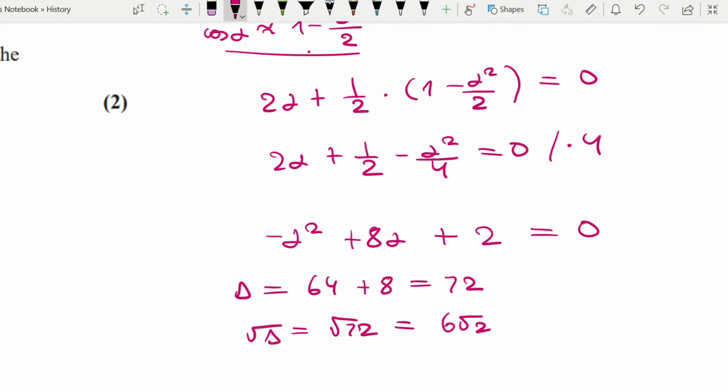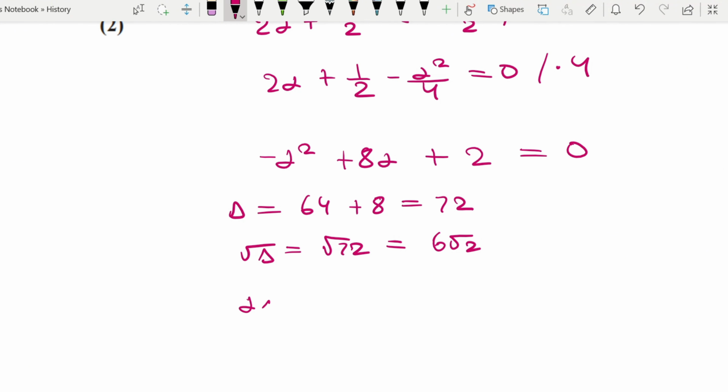Now let's do the alpha 1, alpha 2 normally. So we're going to have minus b, which is minus 8, minus 6 root 2, over minus 2, and I can take out a 2 here.